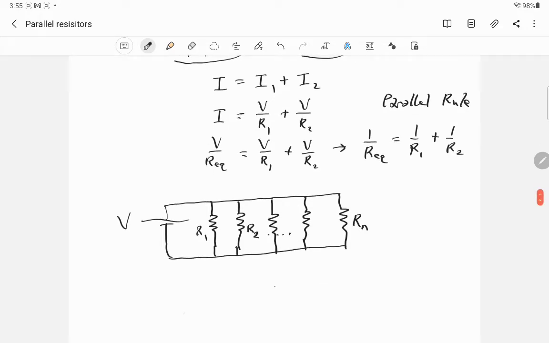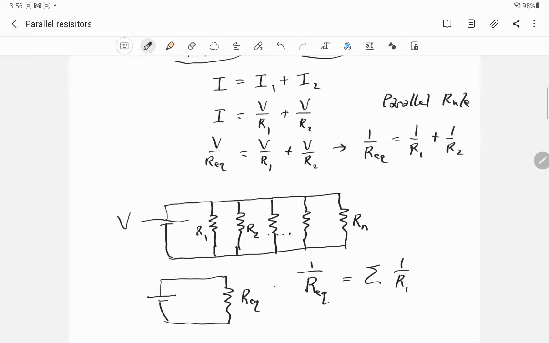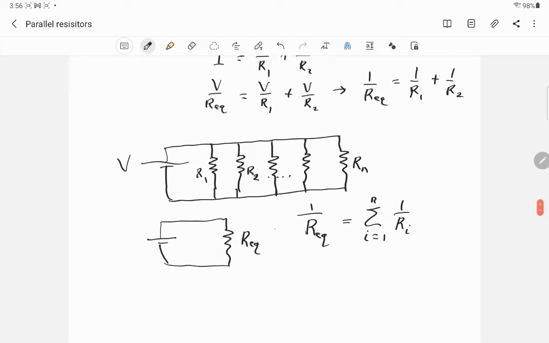You can rewrite this as an equivalent resistance where 1 over R equivalent is the sum of all of the individual resistors, i equals 1 up to N, but you have to add their inverses.